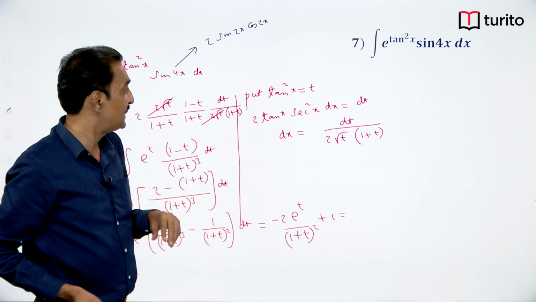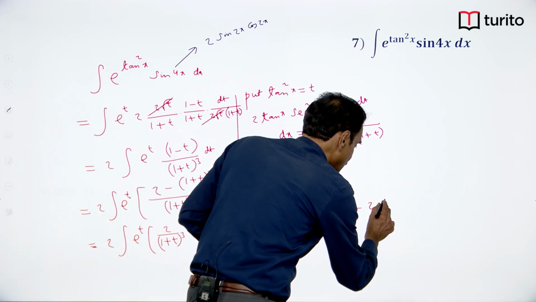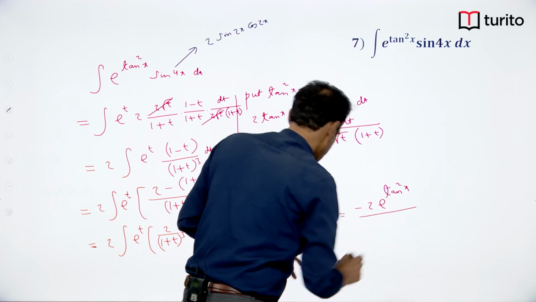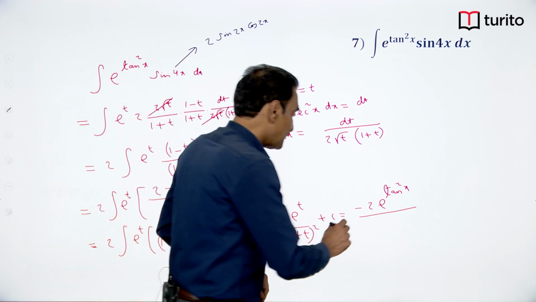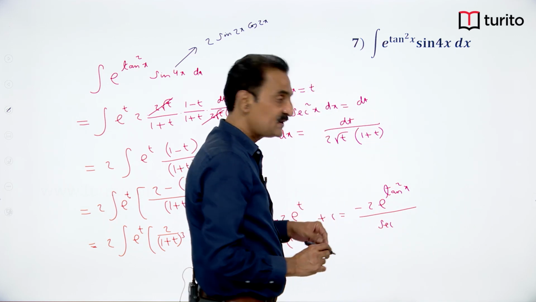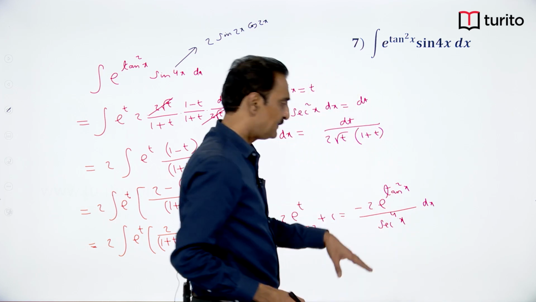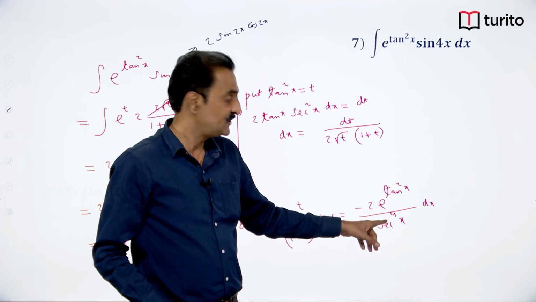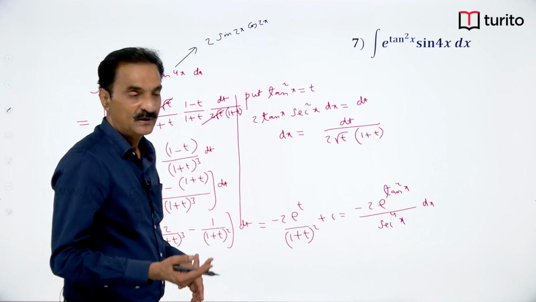E power tan square x minus 2 e power tan square x by 1 plus t, which is 1 plus tan square x, and 1 plus tan square x is secant square x whole square, which is secant power 4x. Then finish the next step, write it is minus 2 tan e power tan square x into 1 by secant, which is cos power 4x. Okay.